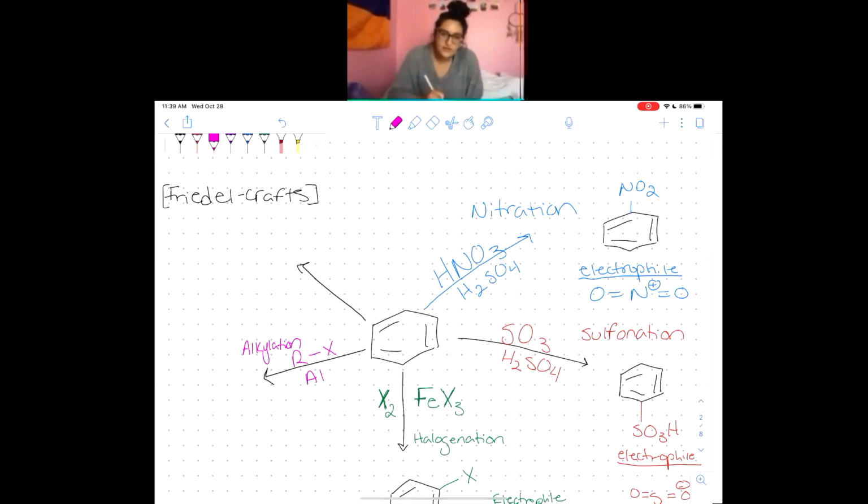Both Friedel-Crafts reactions are going to use AlCl3 as the acid. So, alkyl halide plus AlCl3 equals alkylation. And we are going to end up with a benzene ring that has an R group on it.